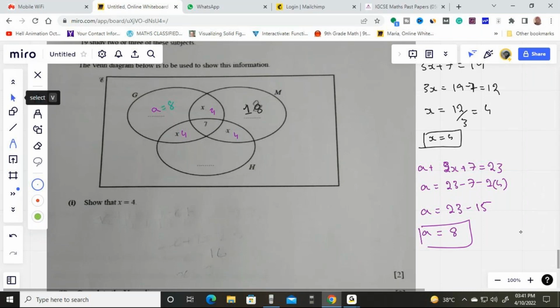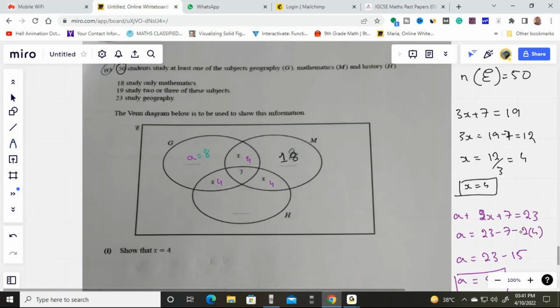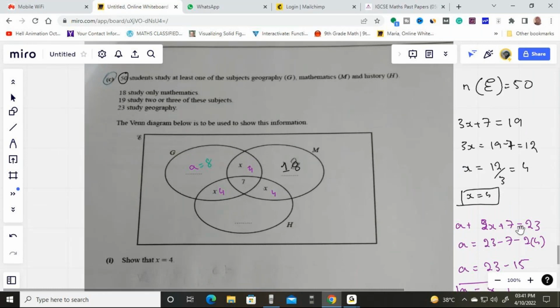How are you going to find your h? Nothing is mentioned about how many students study history. But you know that the total cardinality is 50. So you subtract all the numbers we have mentioned here in the G and M circles from 50, and we get the remaining value.